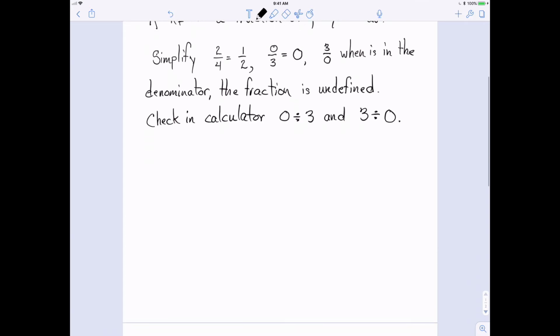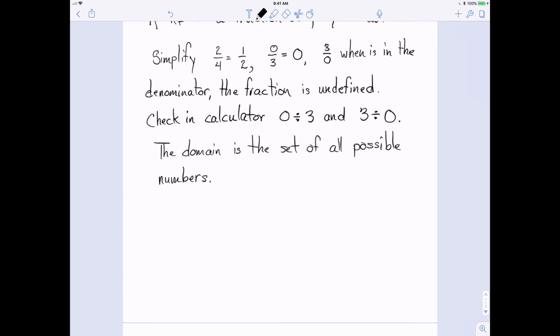So, new word. The domain is the set of all possible numbers.